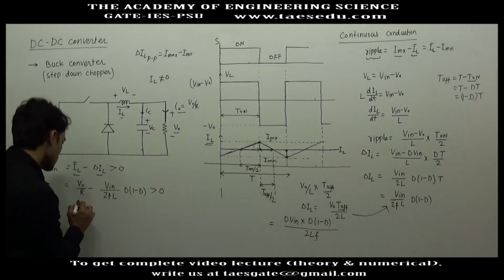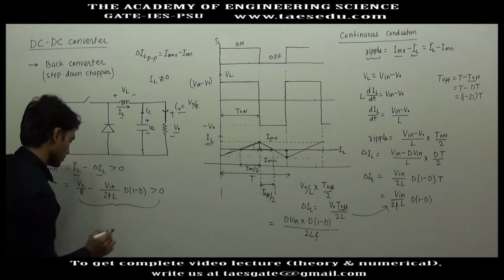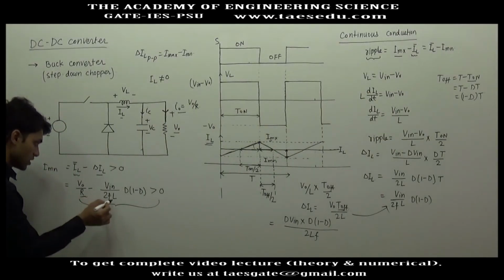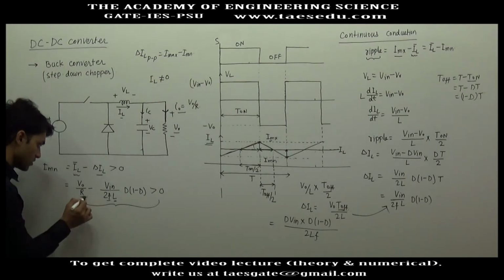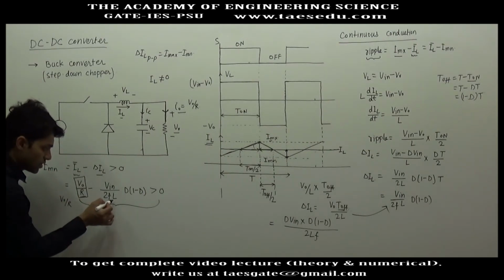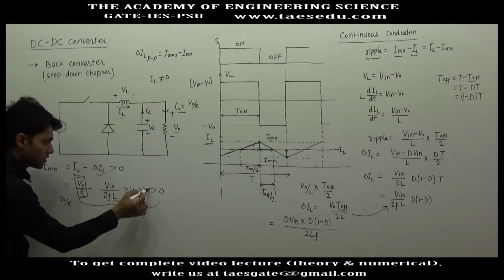To hold this inequality, if you are changing frequency, this quantity will be constant. If you are changing inductance, this quantity will be constant. So for a particular value of V0 by R, the switching frequency and the inductance can be adjusted to hold this inequality.